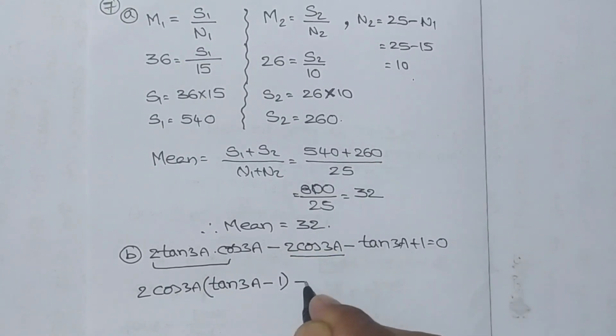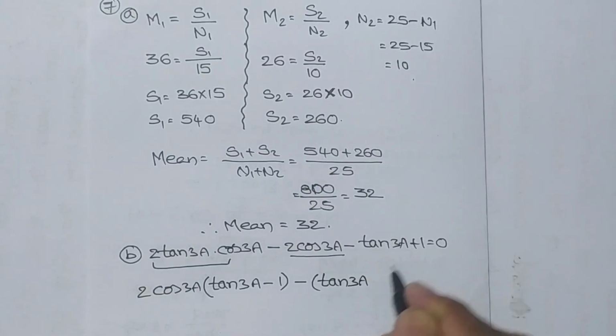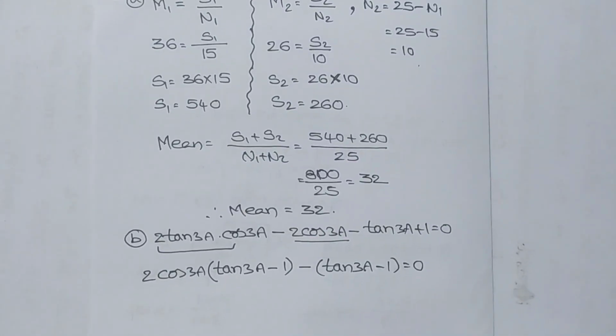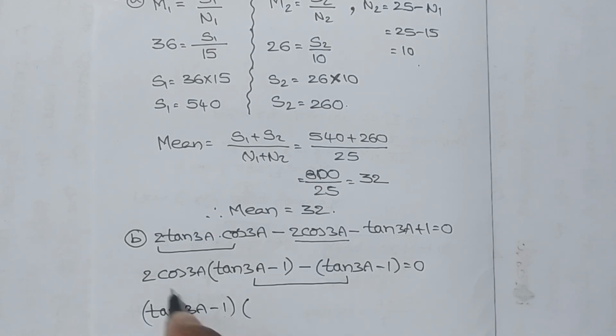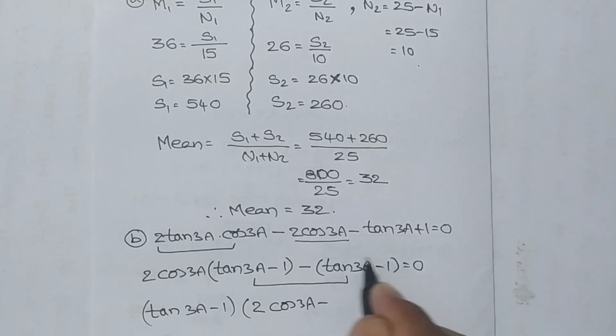In these two I am taking minus common, so this negative becomes positive, positive 1 becomes negative 1. Now in these two, tan 3A minus 1 is again common. Then the remaining value is 2 cos 3A minus 1.